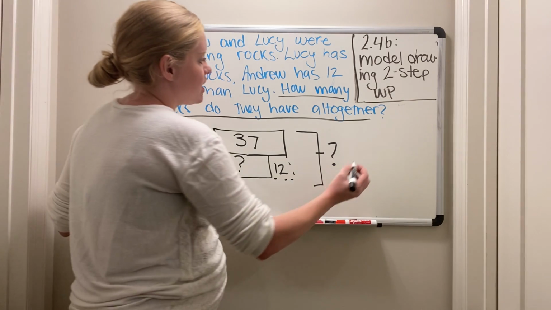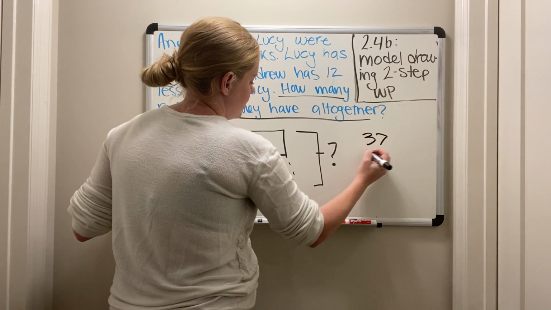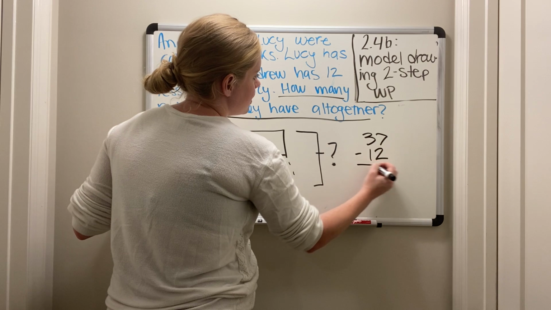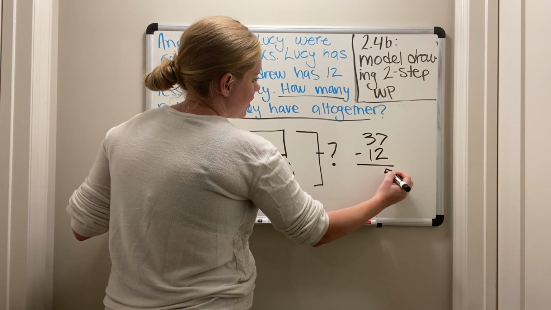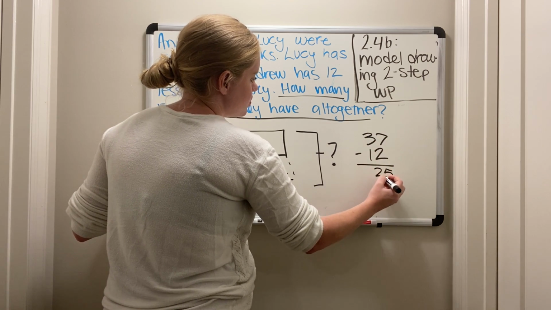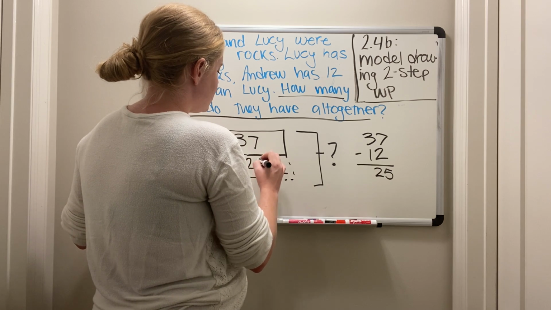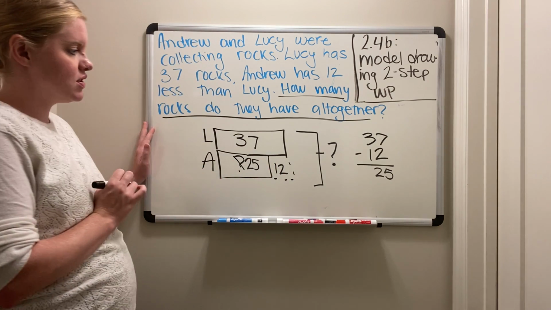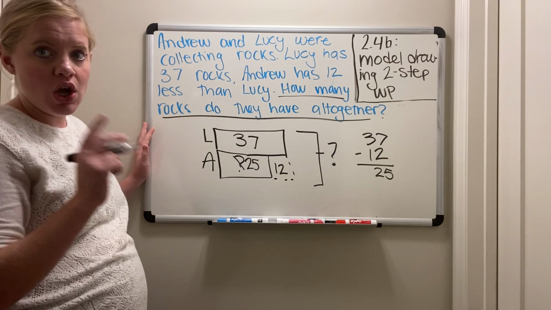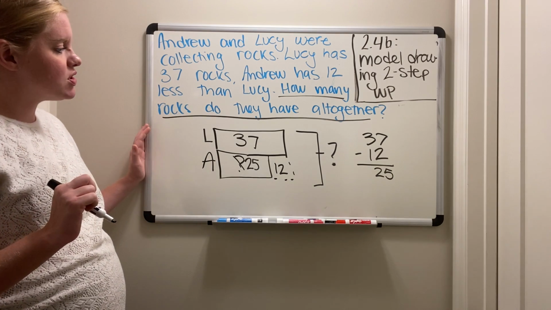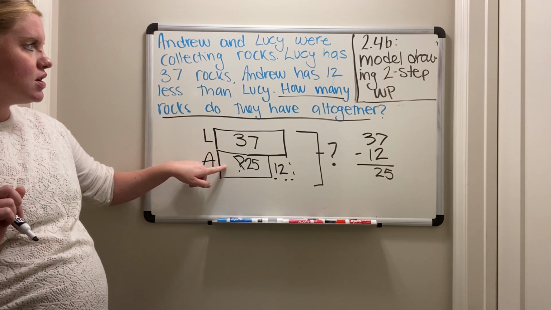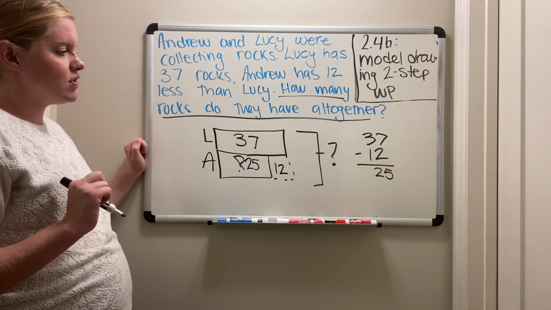That's right, we would subtract. So 37 minus 12. 7 minus 2 is 5. 30 minus 10 is 20. So Andrew has 25 rocks. Are we done yet? No, because we don't want to know how many rocks Andrew has. We want to know how many rocks they have altogether.